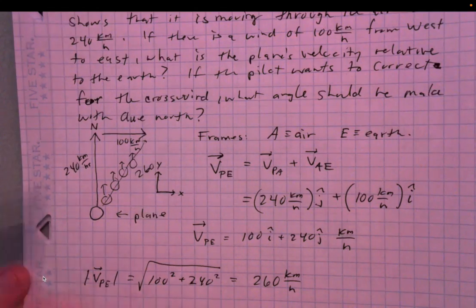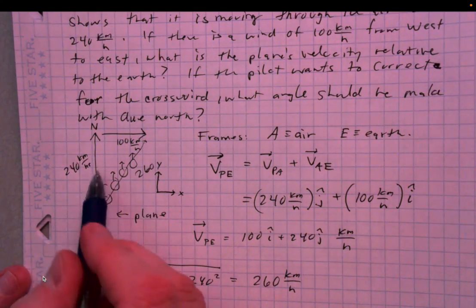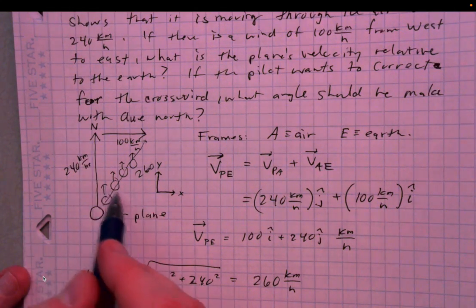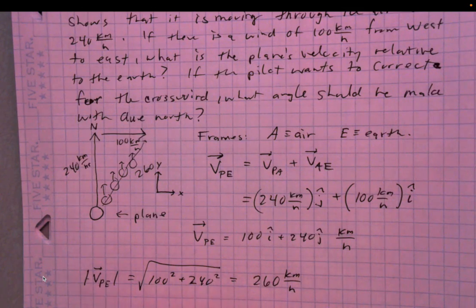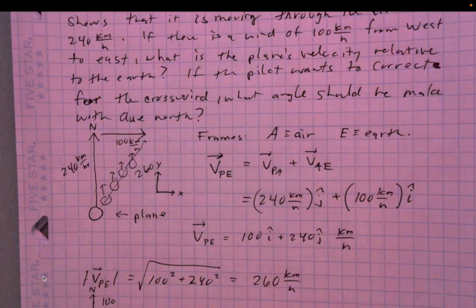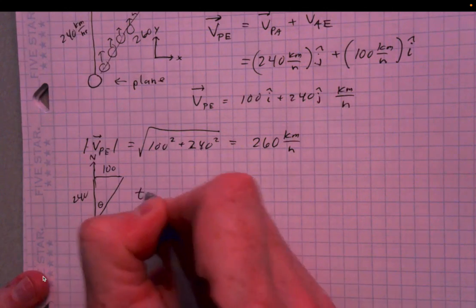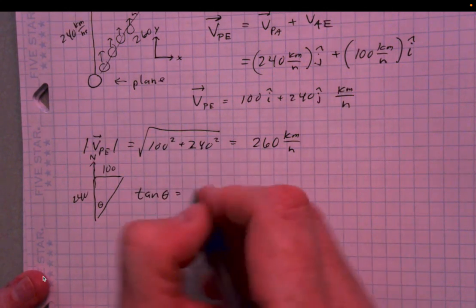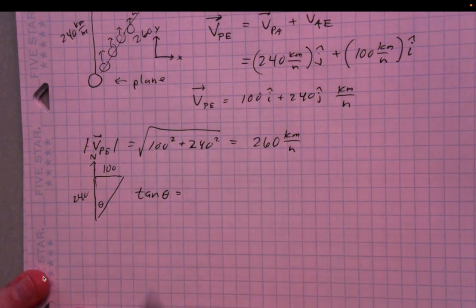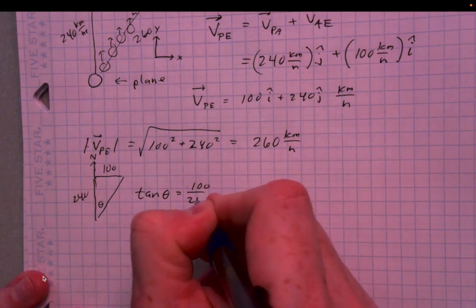And what is that angle off north? So if this is due north, what is this angle? If you think about this as just a triangle, the sides would be 240 and 100. That's the north direction. Then we can use just the tangent. The tangent of theta is equal to the opposite over the adjacent, so 100 over 240.